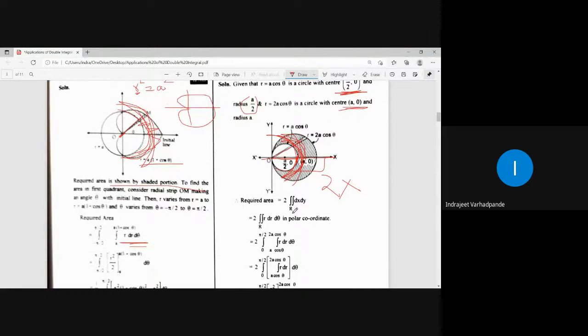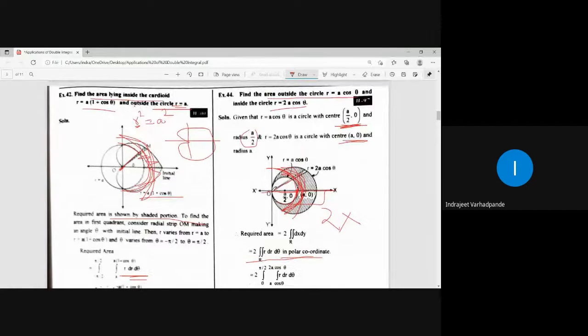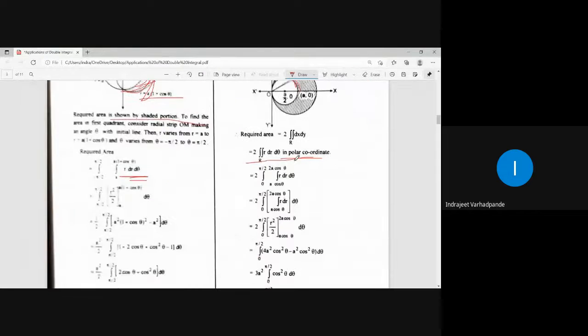Here they have taken 2 times the double integral of r dr d theta in polar coordinates. Now where does the radial strip go from and to? The lower end of the radial strip lies on the inside circle, and the upper end of the strip lies on the outside circle. So r is equal to a cos theta to r is equal to 2a cos theta. Theta is moving from 0 to pi by 2. So those are the limits.